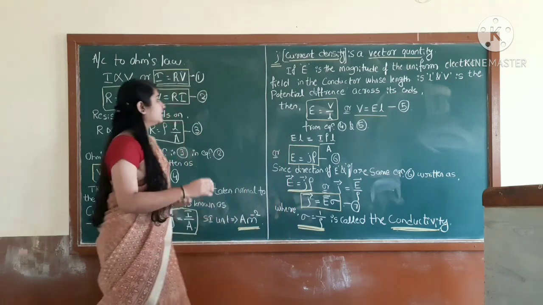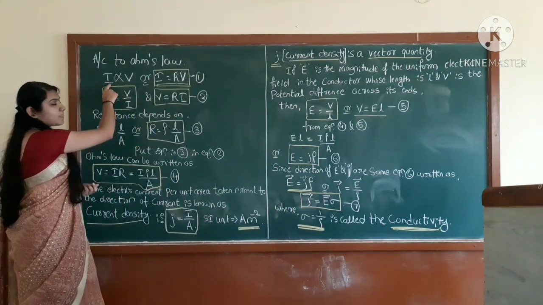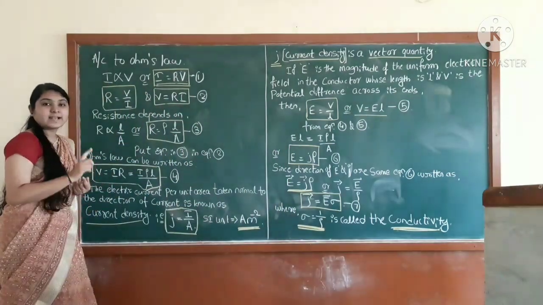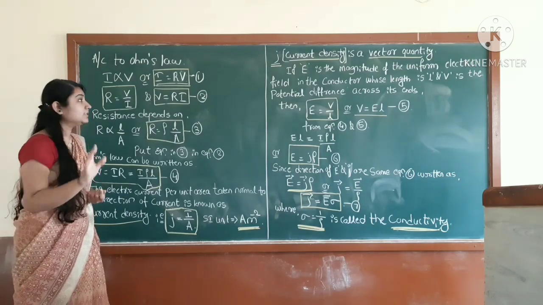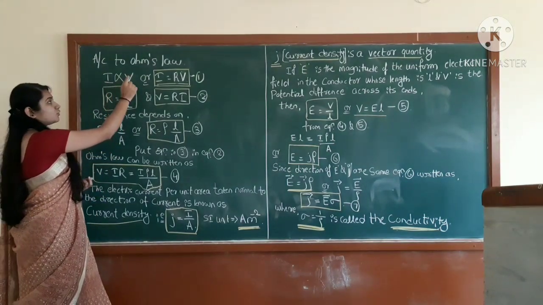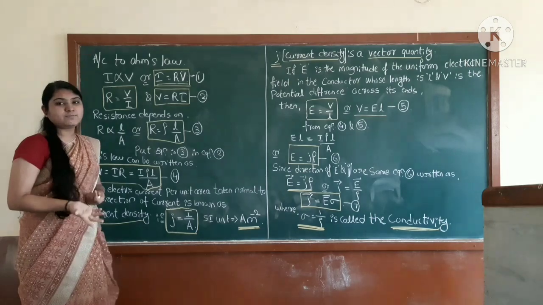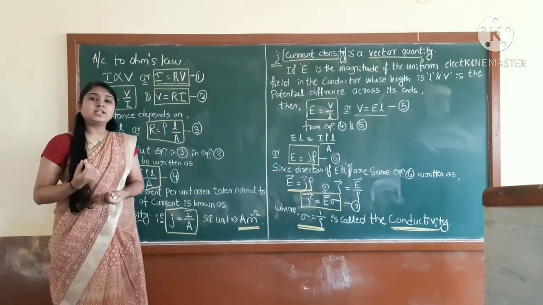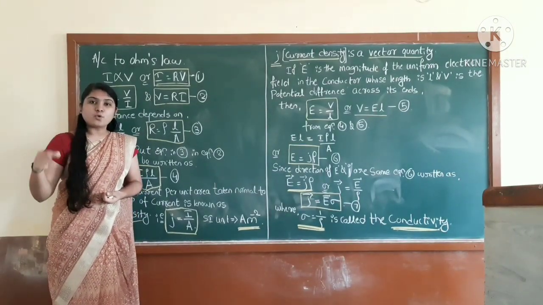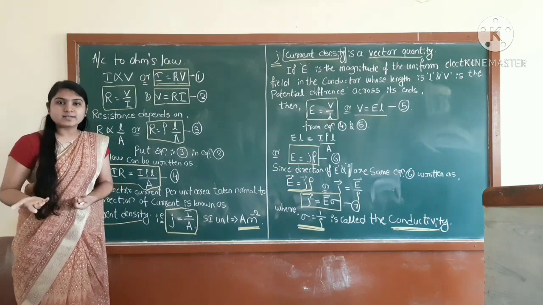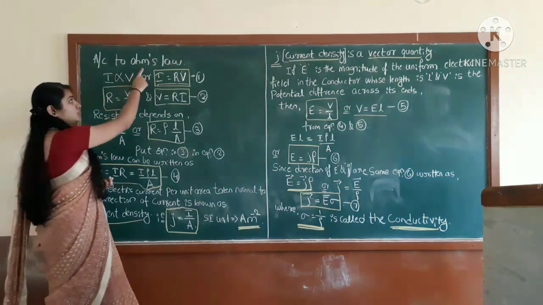So here just consider, I means what? Current. Electric current through a conductor is directly proportional to the potential difference, or the voltage, between the two points of the conductor, and that is called Ohm's law, right?